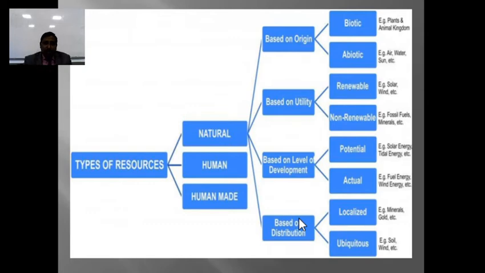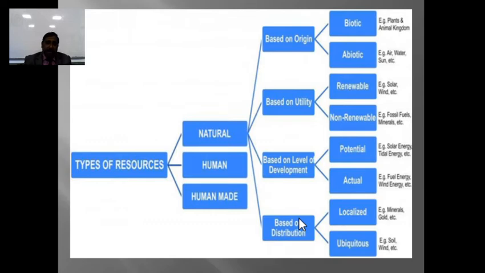Due to our technology, we have started using these resources in different ways. And these renewable resources are those sources of energy which never finish. They never become extinct, like solar energy and wind energy.